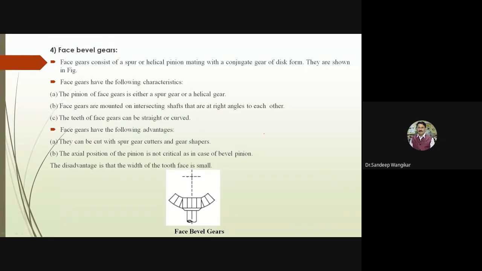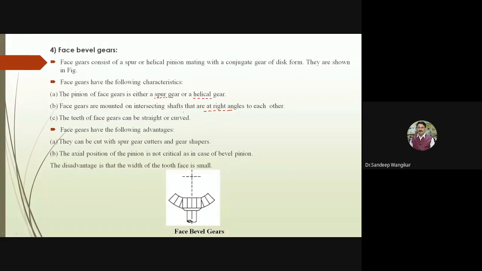The pinion of a face gear is either a spur or helical gear. The face gears are mounted on intersecting shafts that are at right angles to each other. The teeth of face gear can be straight or curved.